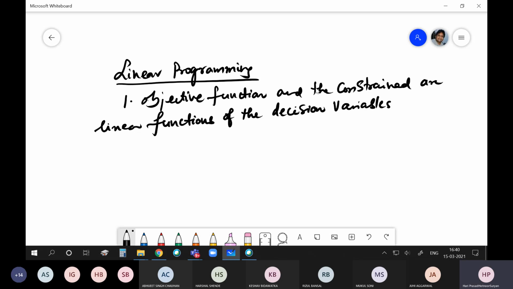You only have to look at the corners of the feasible region. The maximum or the minimum occurs only at the corners, or at most on one of the sides.